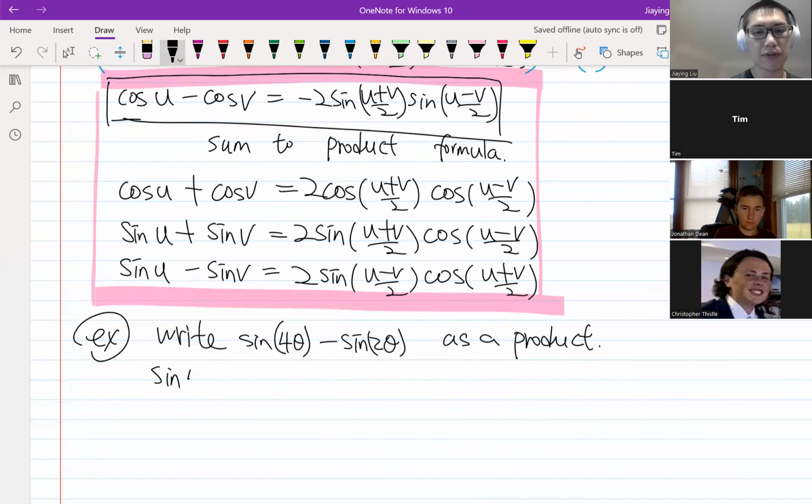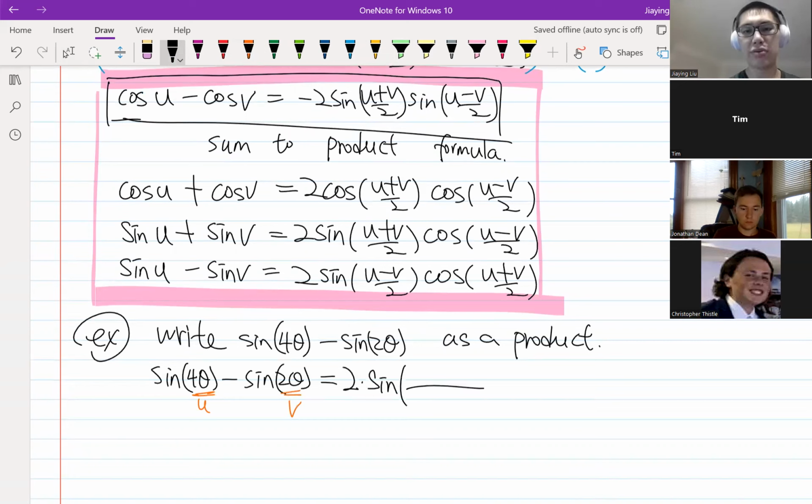So we get sine 4 theta minus sine 2 theta, and the 4 theta is equivalent to u, and the 2 theta is equivalent to v. So that's going to equal 2 times sine. Inside, we have the numerator u minus v, so that's 4 theta minus 2 theta all over 2, and the cosine, the product, 4 theta plus 2 theta all over 2.